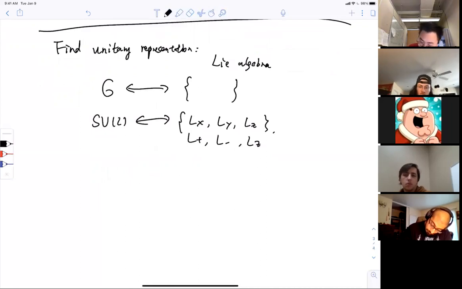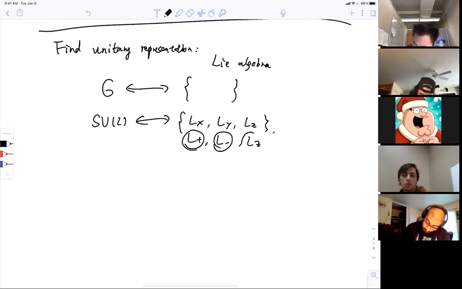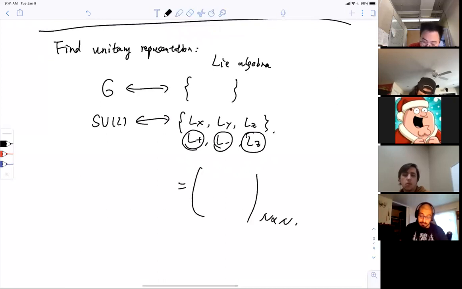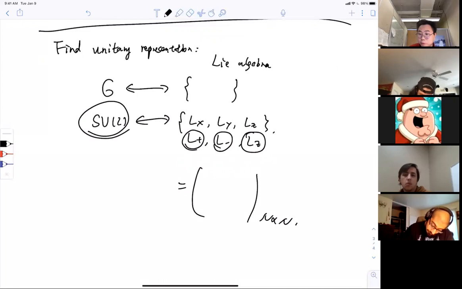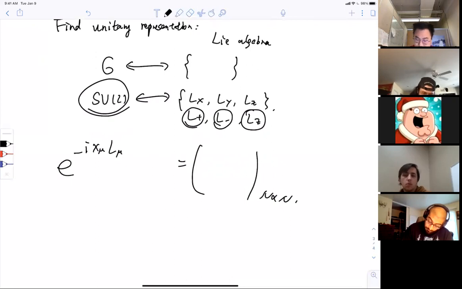And if we know how to represent these generators in n by n form, then we know how to represent SU(2), because we just need to take an exponential. Generally speaking, it's something like e to the i x mu L mu. Generators physically correspond to infinitesimal rotations of this group.